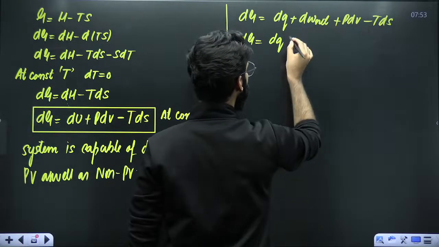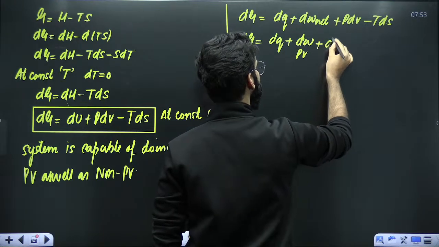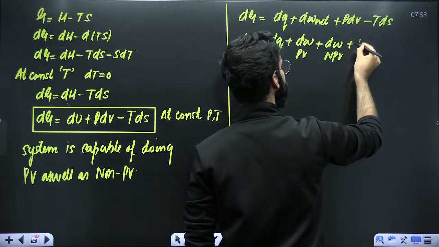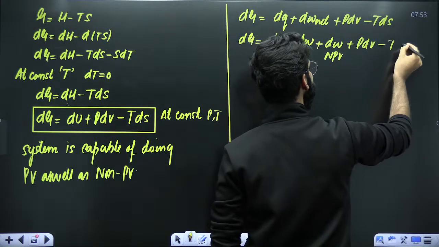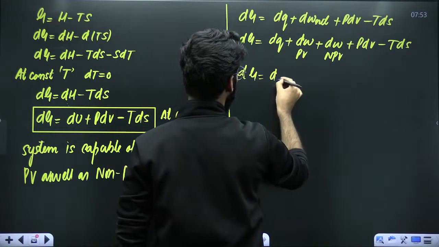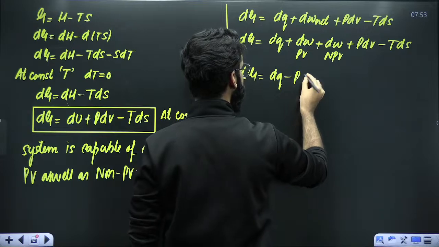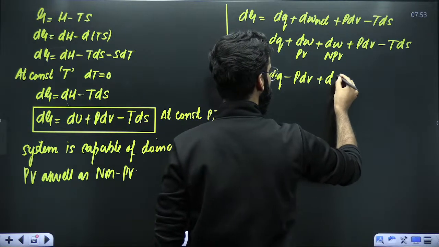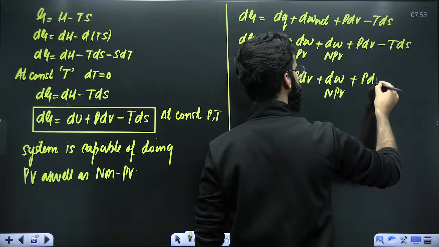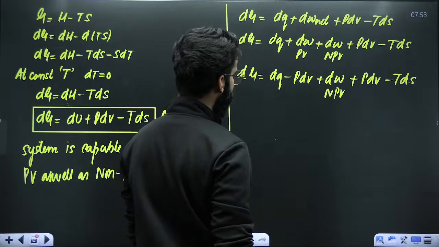So instead of dw net, I can write dw PV plus dw non-PV, right? And already there was PdV and TdS. So I can say dG is equal to dq plus dw of PV, where PV work is equal to minus PdV, plus dw of non-PV, plus PdV minus TdS.